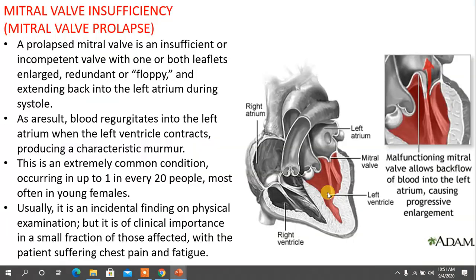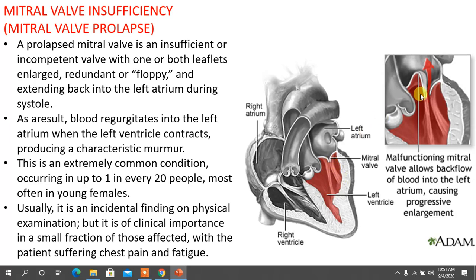So first of all is mitral valve insufficiency or mitral valve prolapse. Here you see in this diagram the normal mitral valve, with the chordae tendineae and papillary muscles attached to the valve leaflets.